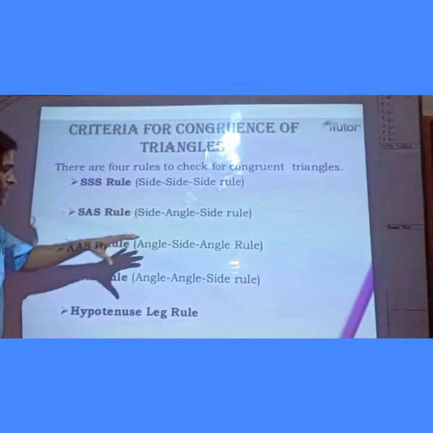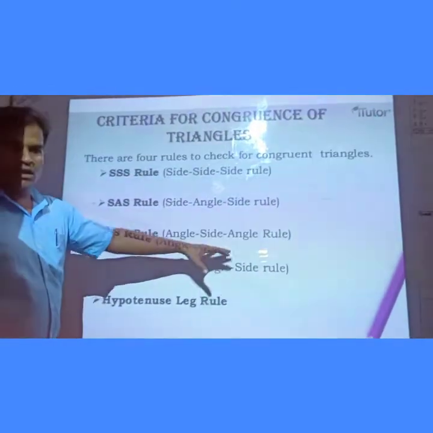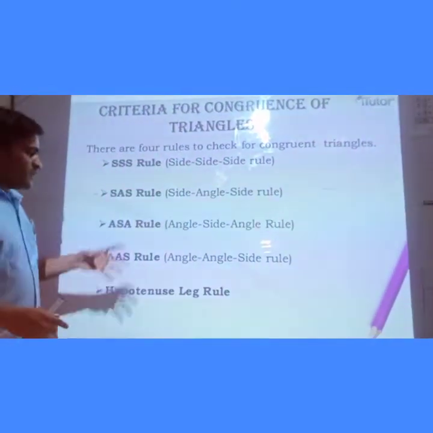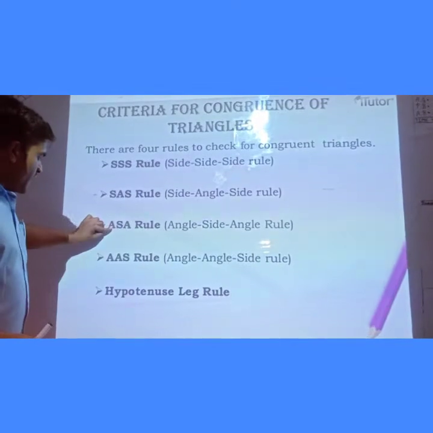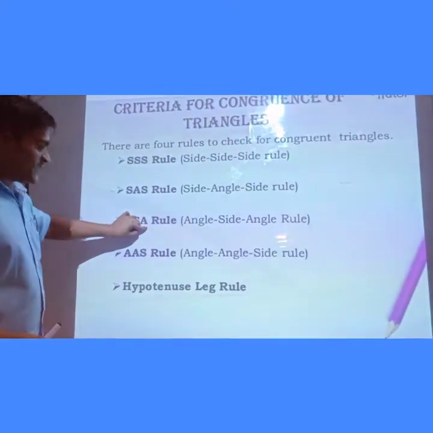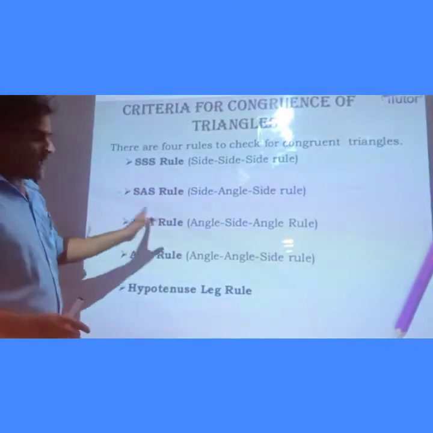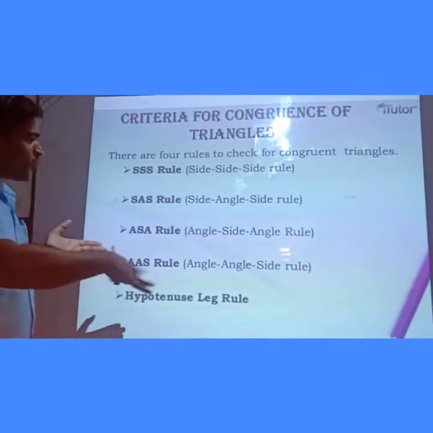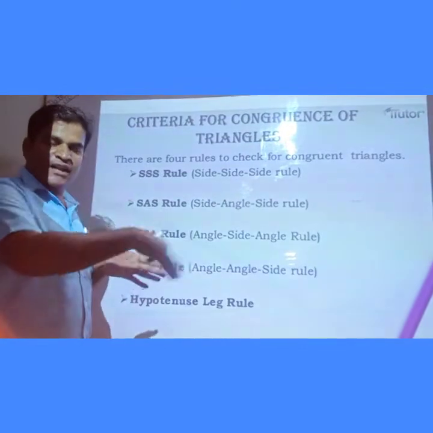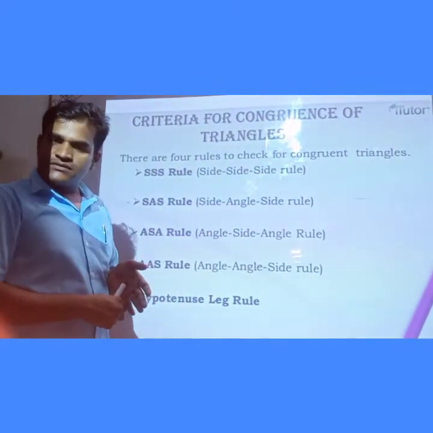Next is the ASA rule. ASA rule means, children, angle, side, angle. Angle side angle rule means one angle, one side and another angle, meaning the corresponding angle, corresponding side and another corresponding angle of one triangle are equal to those of the other triangle.